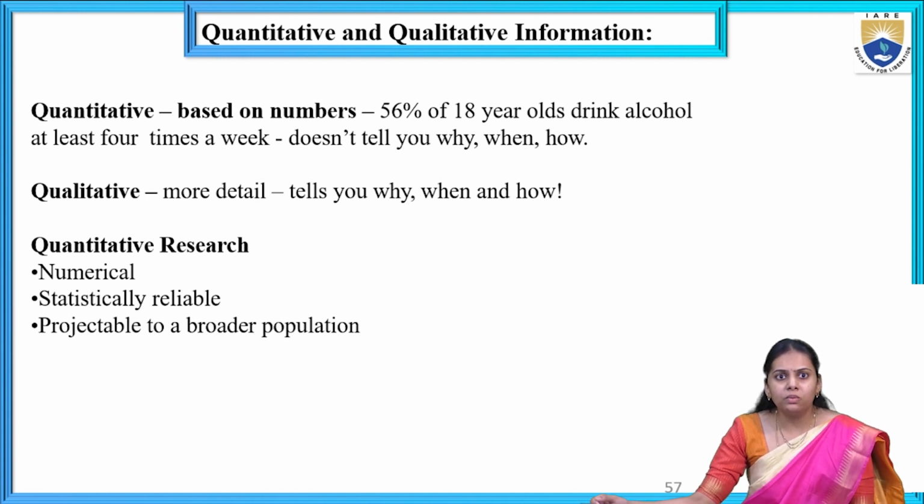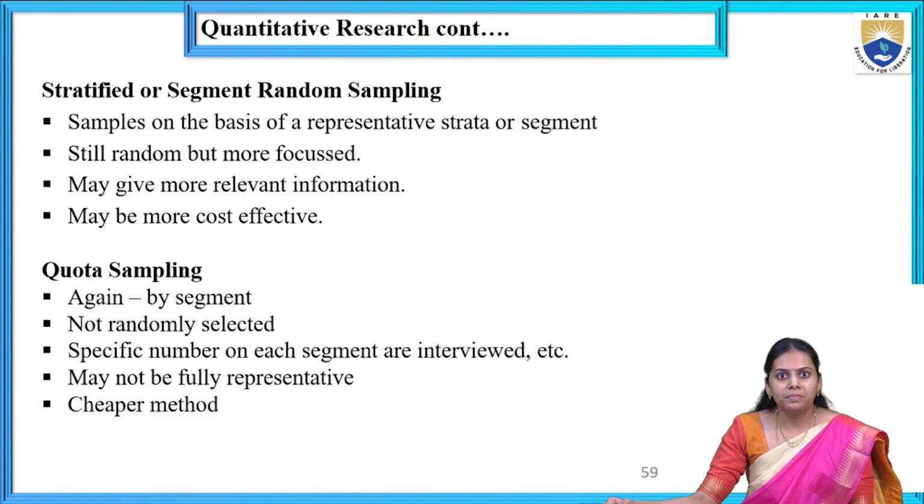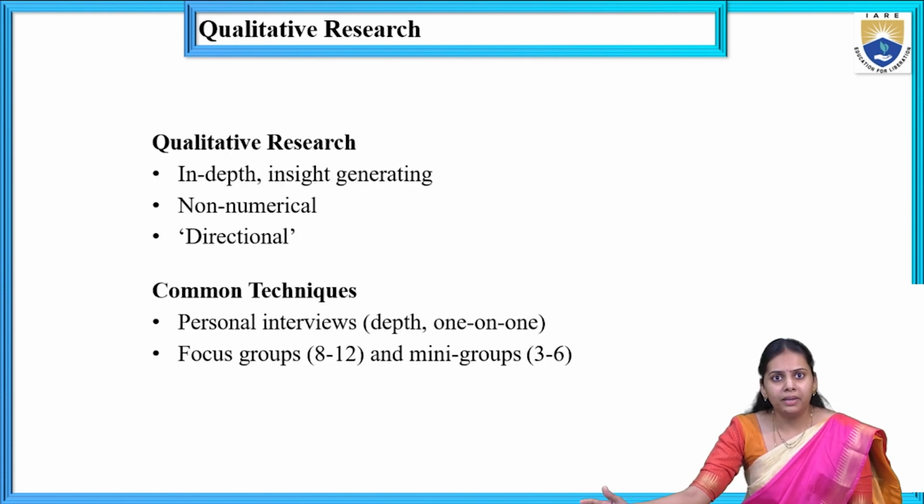Whereas quantitative involves numerical and statistical research and is projectable to a broader population. There are a few sampling methods, called random samples, stratified or segment random sampling, and the other one is quota sampling.